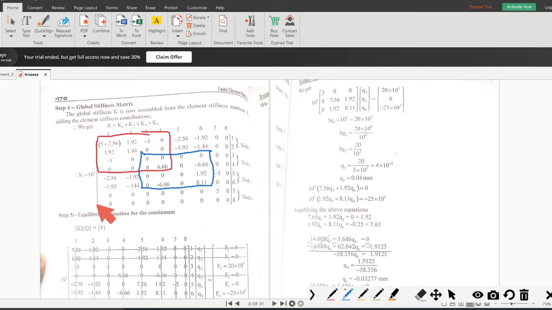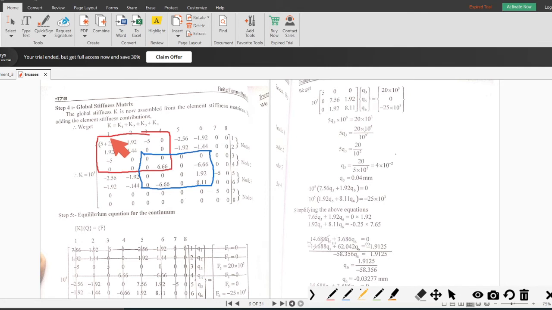What is the third matrix number? Row number 1 2 and 5 6. Here 1 2, where is 1 2?